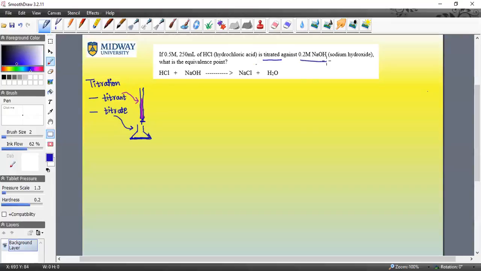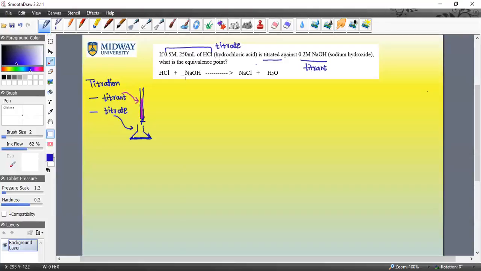So this would be your titrant, and typically that is what you know your volume and concentration for. Volume is indicated by mLs, concentration is indicated by M. That's molarity. Again, we worked really hard to learn these concepts in the previous. So this is your titrate. Okay. You could solve this problem without knowing any of this information, but like I said, it's helpful to have a little background knowledge of the problem.